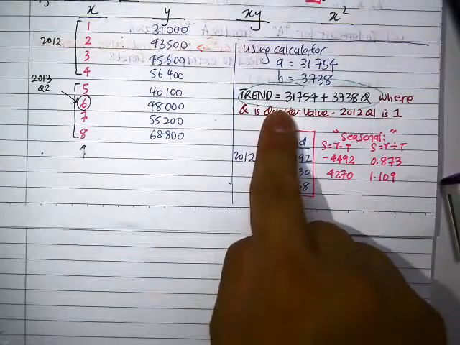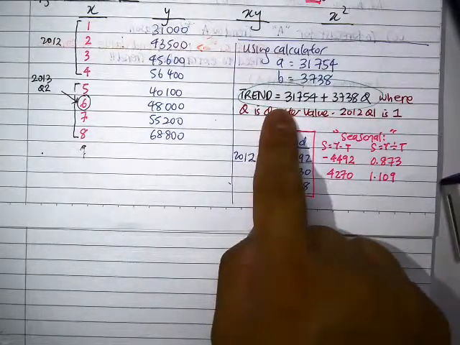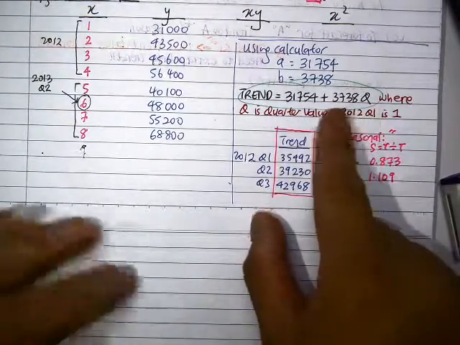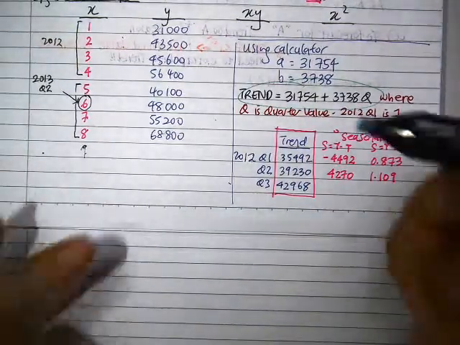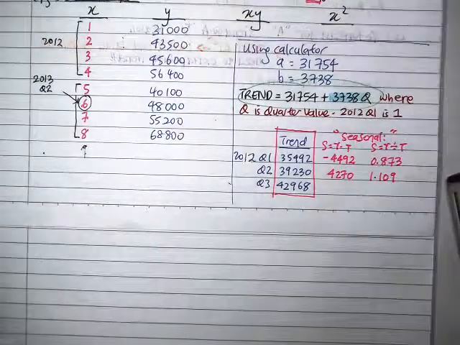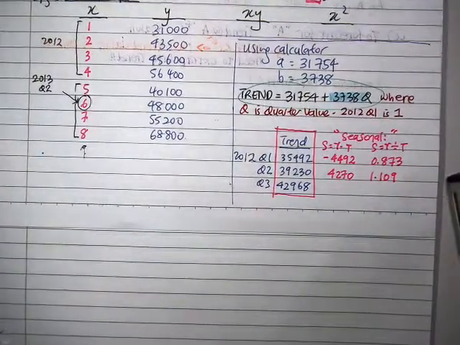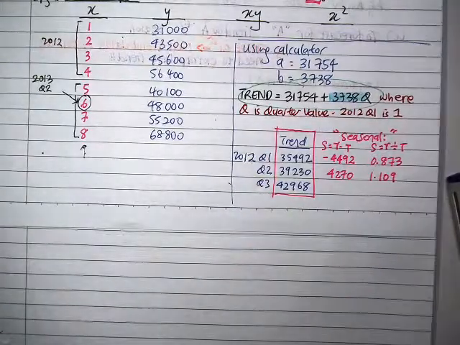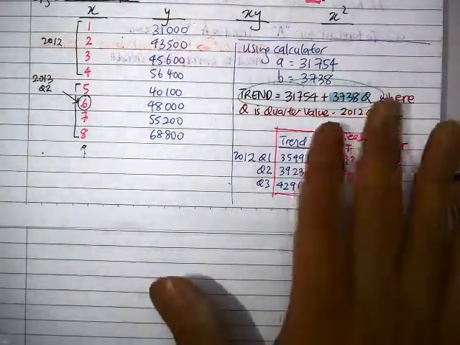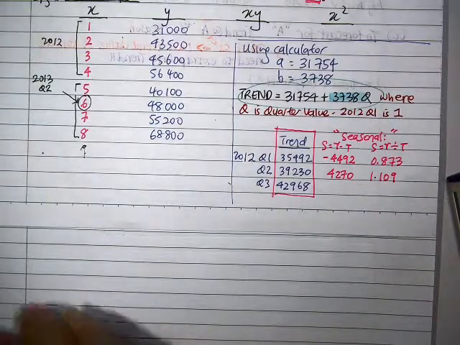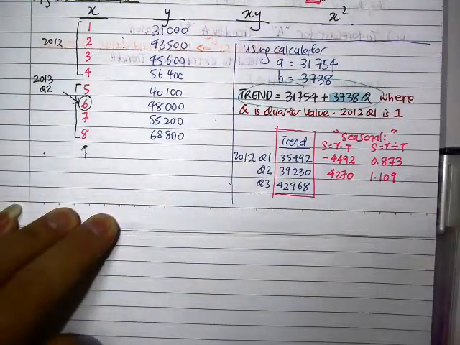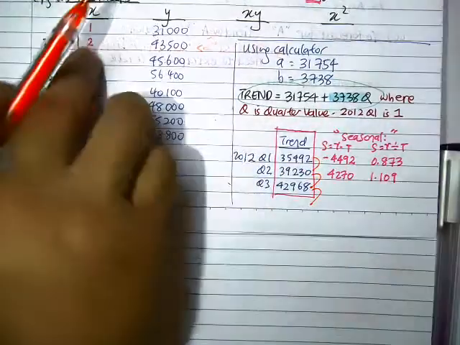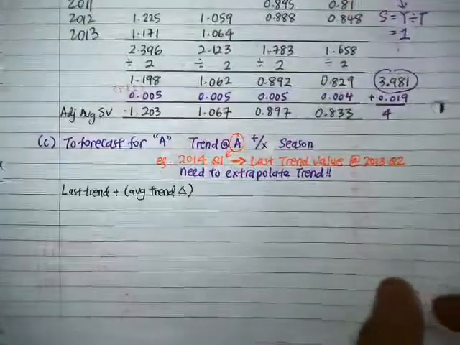If you have worked out the trend equation as 31754 plus 3738Q, this 3738 is the average trend change. Every time you increase 1 quarter, the trend will change by 3738. But this one you have already worked out the value. That's why you know the quarter will increase by 3738, 3738, 3738.